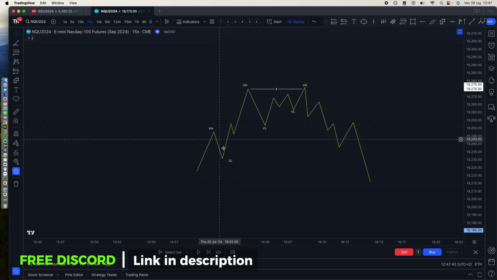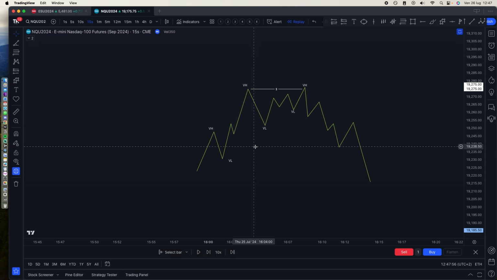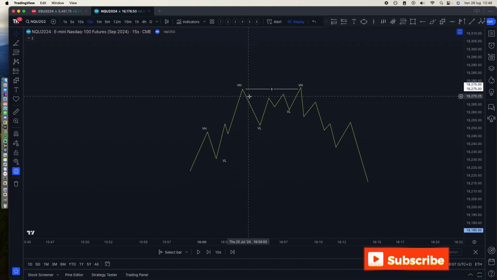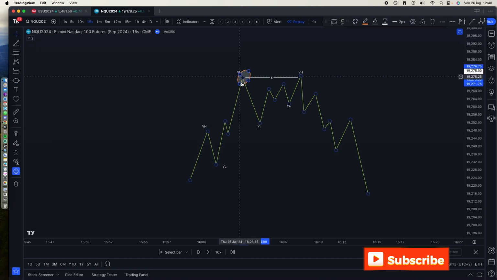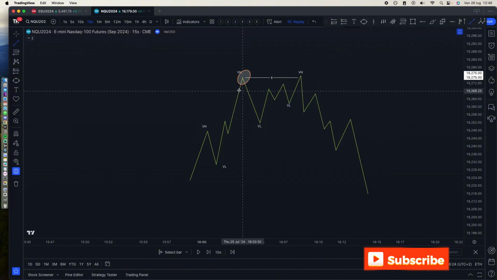So what is a valid high and a valid low? Basically, they are two levels of price in which we have a clear decision by the market. We have a valid high when in this area we have a sufficient bearish pressure that broke a recent low, creating the higher high.